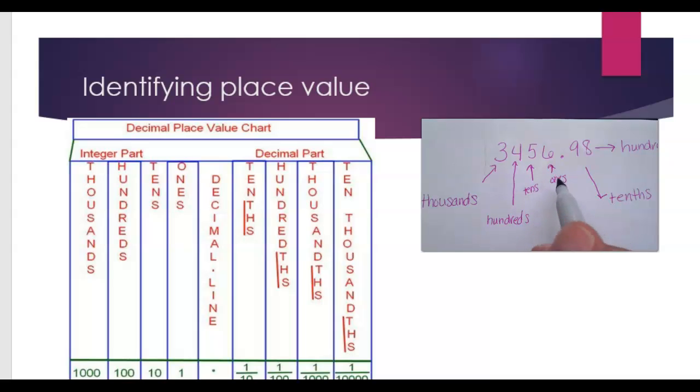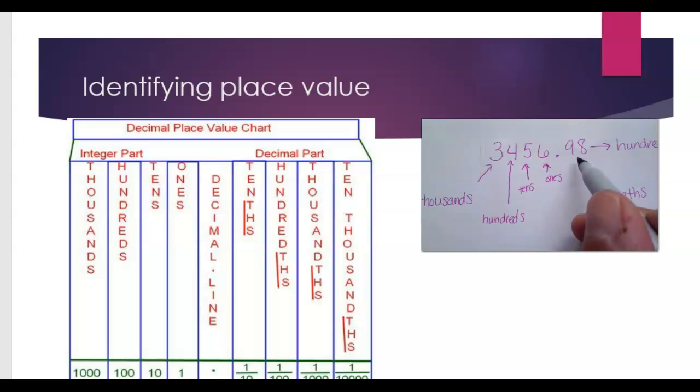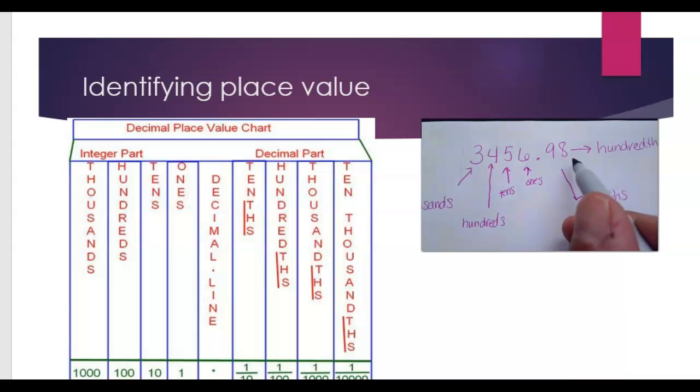And then 6 single units, which is ones. Here's the decimal point. So then the 9 would represent how many tenths of a number there are. And the 8 would represent how many hundredths of a number that there are. So basically it's just showing you how many of these particular units there are based on its location.